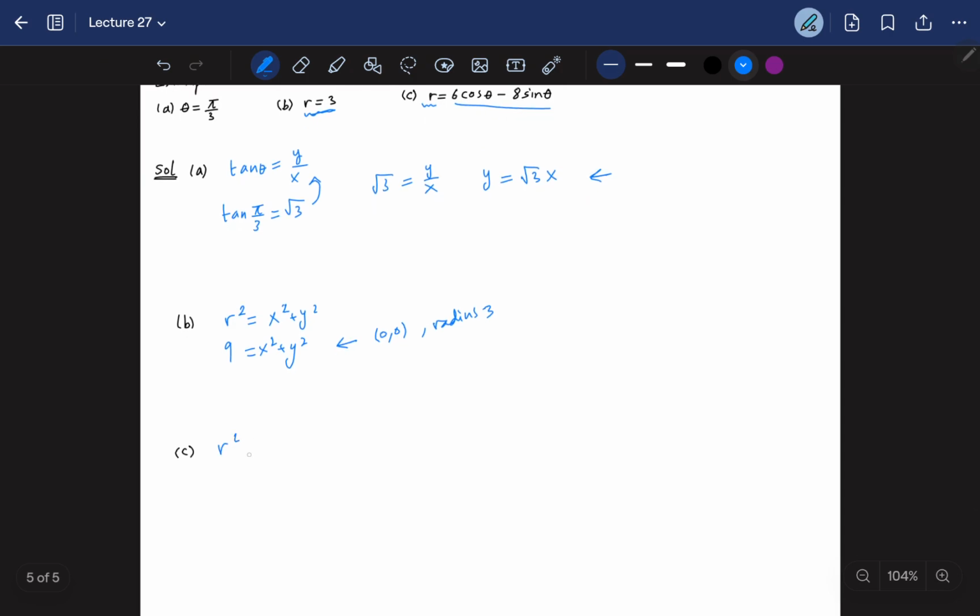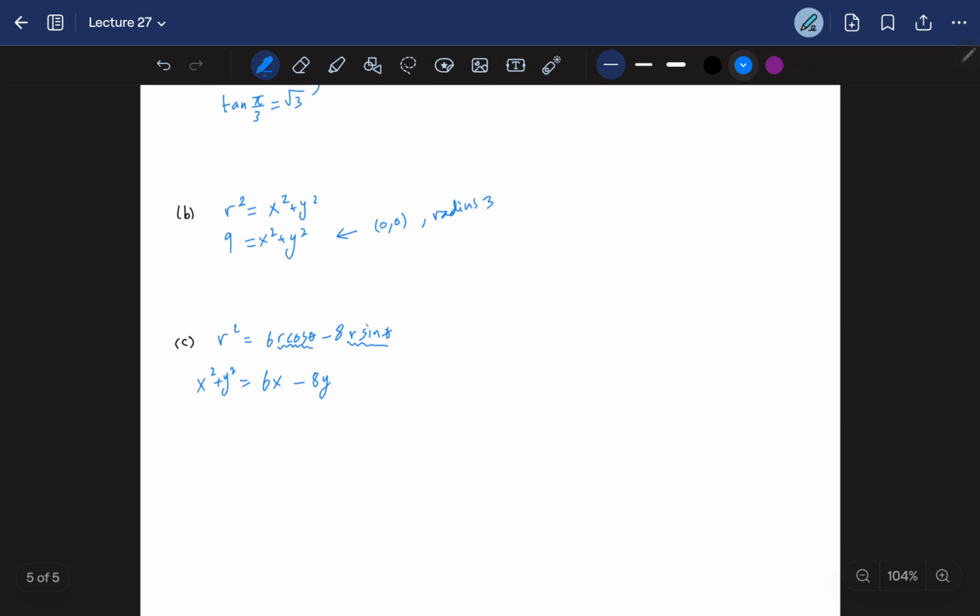So I'm going to have r squared is equal to 6r cosine of theta minus 8r sine of theta. Now let's remember, r squared is just x squared plus y squared. Then, if you remember, r cosine is just x, so I have 6x. Similarly, r sine is just y, so I have 8y.